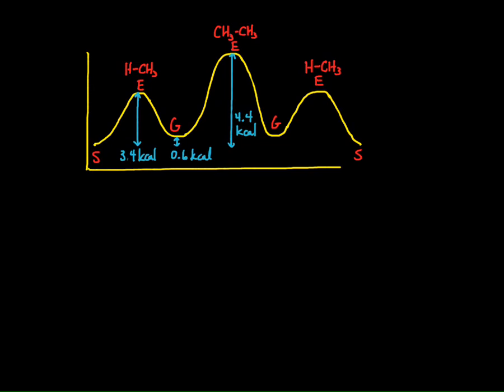And so you see, now we're getting this potential energy diagram that isn't just a simple oscillation, but there are slight variations in energy as we rotate about the carbon-carbon bond.